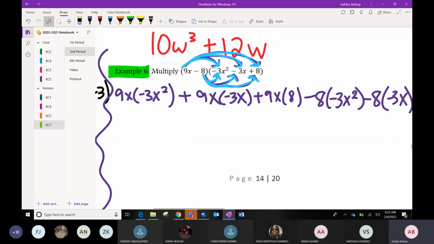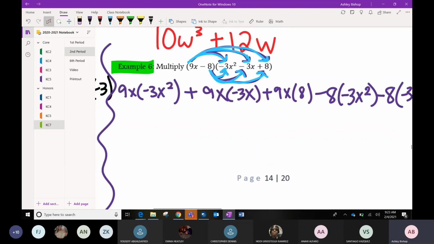There's a lot of work to the cleanup, so please make sure you pay attention here. Remember, this 9x has an exponent of 1, so I'm going to multiply their coefficients. 9 times -3 is -27x, and then x to the first power times x to the second. I'm going to add their exponents to get x to the third power. Okay, plus 9 again times -3.